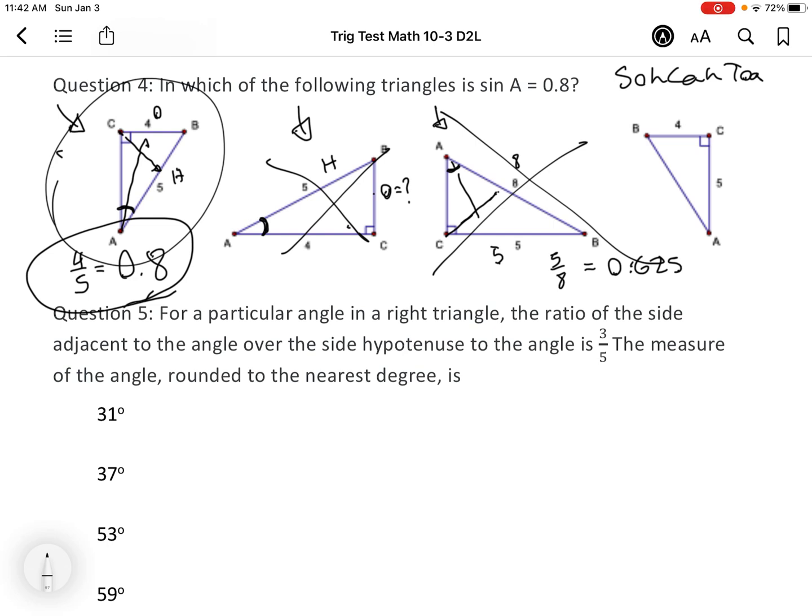All right. Question 5. For a particular angle in a right triangle, the ratio of the side adjacent to the angle over the side hypotenuse to the angle. Okay, so the ratio of adjacent to hypotenuse, A over H, is 3 over 5.